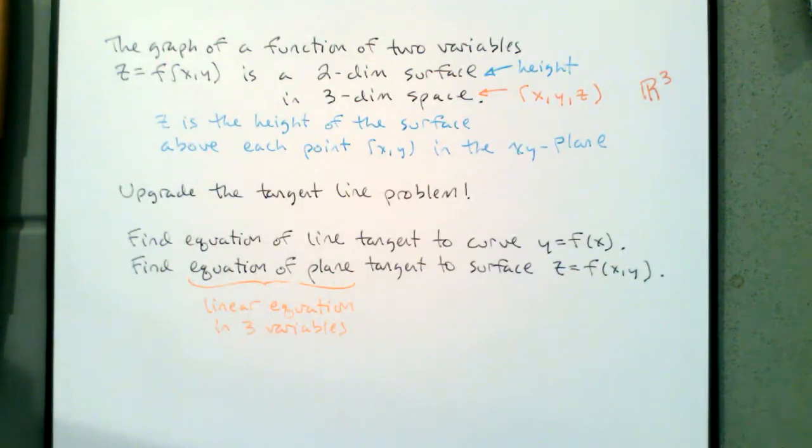We get a line when we have y and x, and if we have x, y, and z in a linear equation, we'll have the equation of a plane. Any questions?